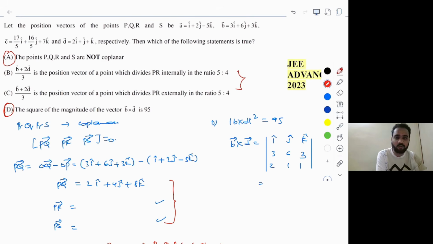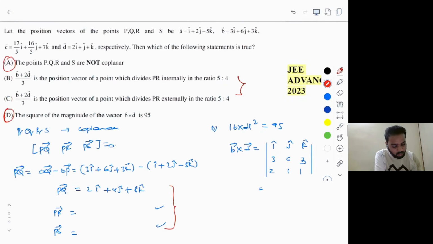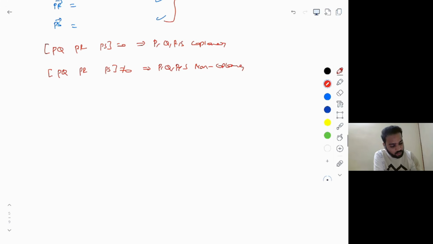But before that, you try to read option B first. B plus 2D divided by 3 is the position vector of a point which divides PR internally in the ratio 5 is to 4. So suppose I have the line or vector PR in this way.